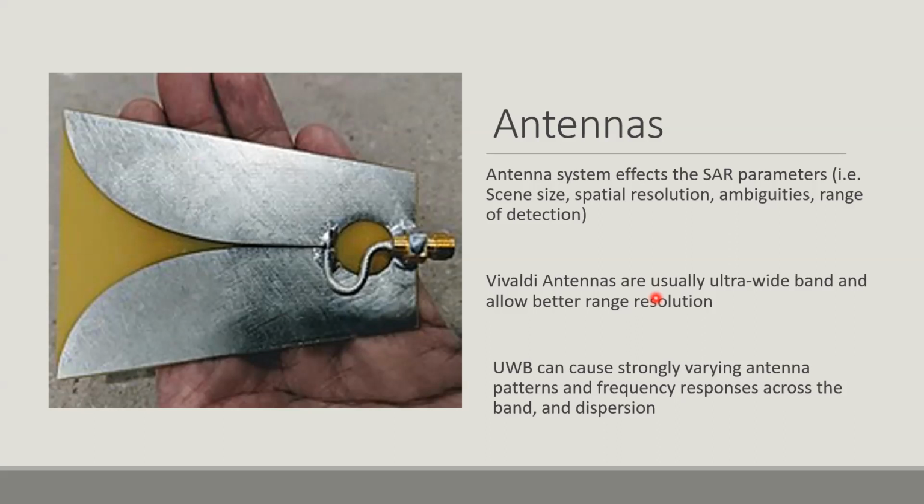Our system will be using a Vivaldi antenna, and it's used to achieve that ultra wideband and achieve better range resolution. But the problem is these wide bands can cause strong variations in our antenna patterns and frequency response across the band, which has to be properly considered in the end when we're doing all of the SAR processing.